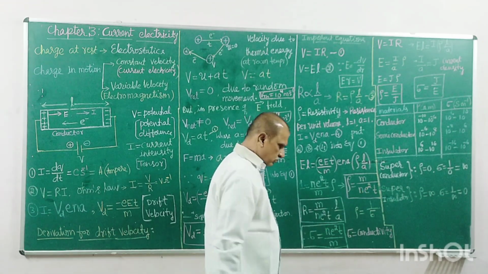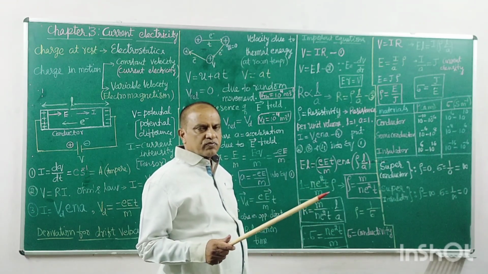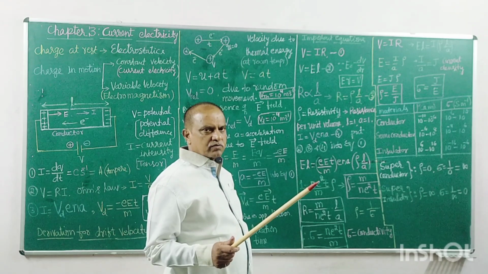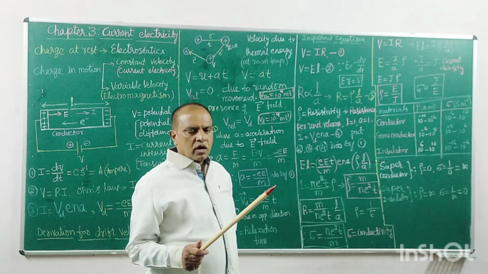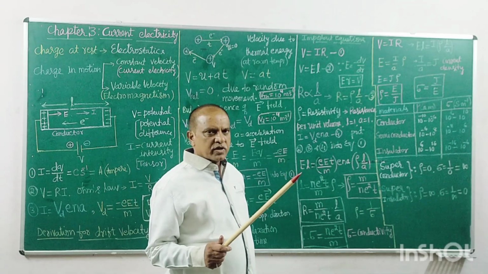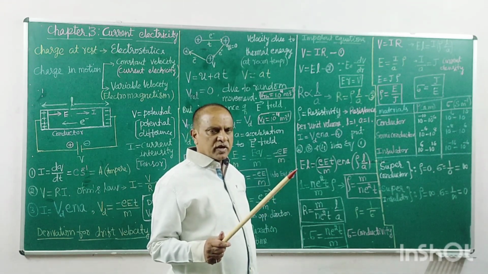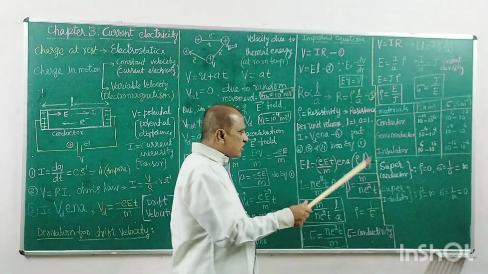What is n? The number of free electrons of the conductor. It changes from material to material. One atom can give one electron, or in some cases one atom can give two free electrons, and in some cases one atom can give three free electrons. In that case, n changes.